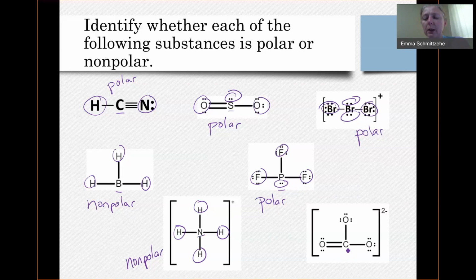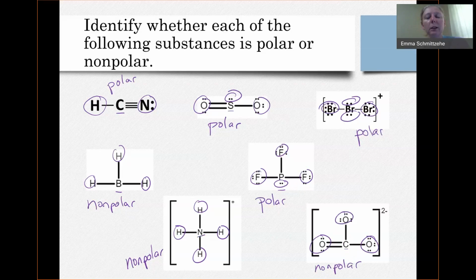And then this last one, we've got the carbonate ion. So looking at the carbon, you've got an oxygen, an oxygen, an oxygen. So three things attached, they're all the same element. And so that's going to be nonpolar. Now I know sometimes something like this will confuse people because you have a double bond and two singles, and so they want to think, well, that's not completely symmetric, even though it's trigonal planar.